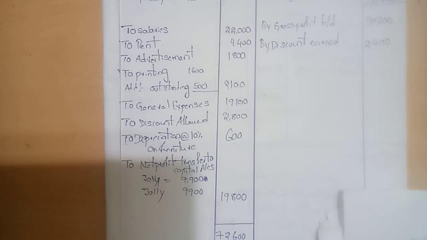So payment to the creditors is 2,24,000 minus 2,000 discount, 2,800 plus 2,400. No, 2,24,000 minus 2 lakhs.